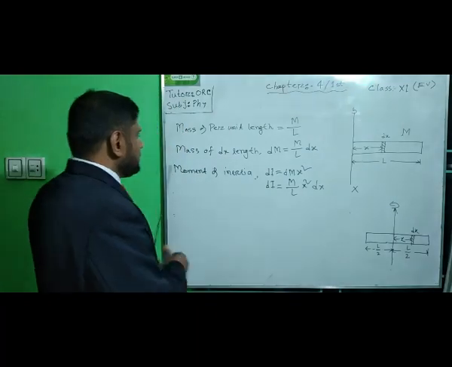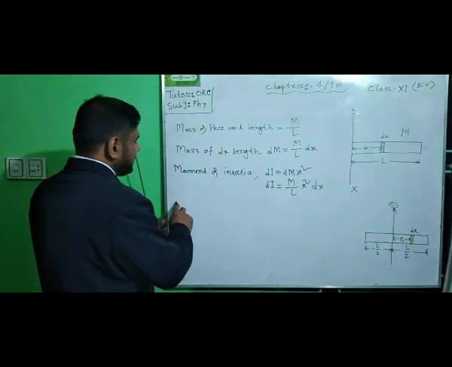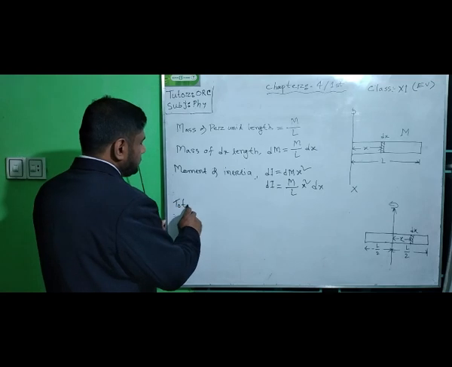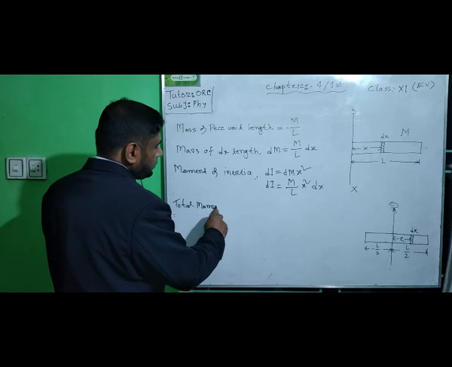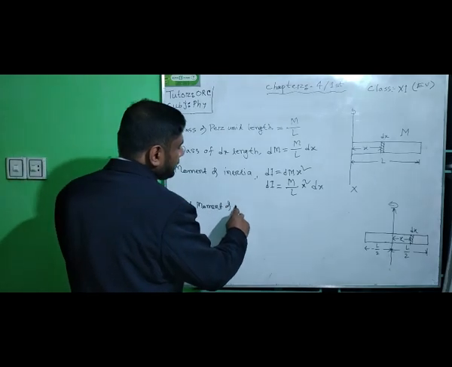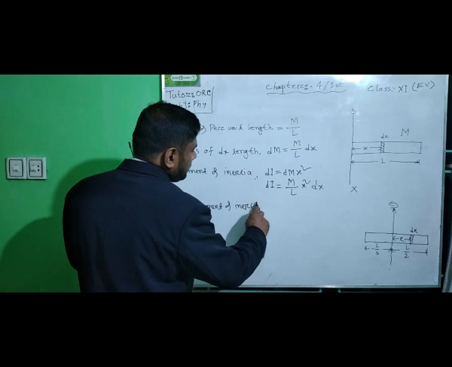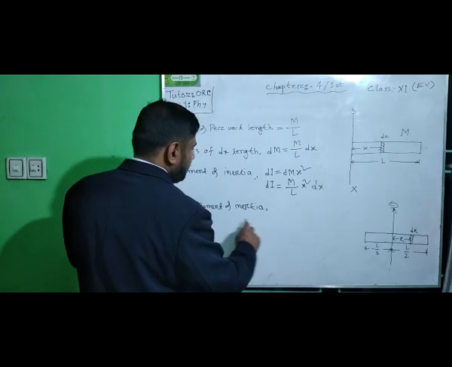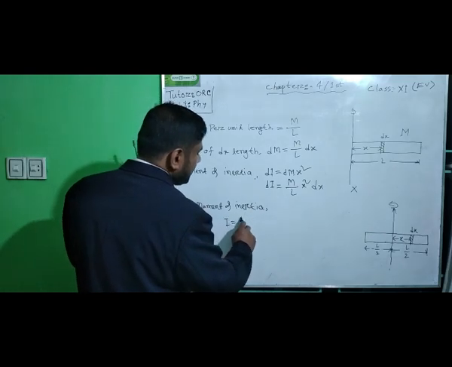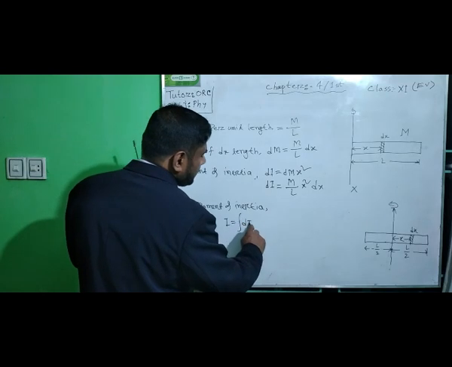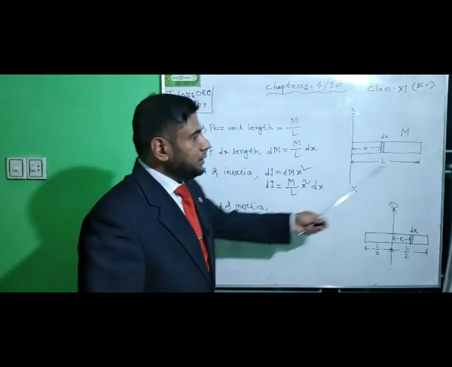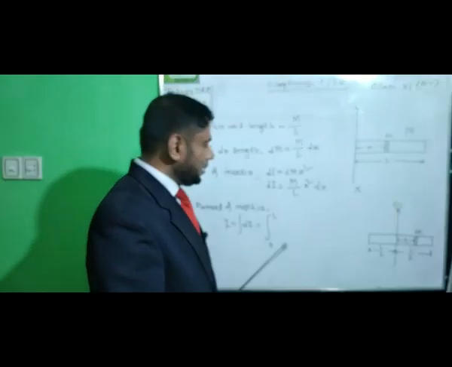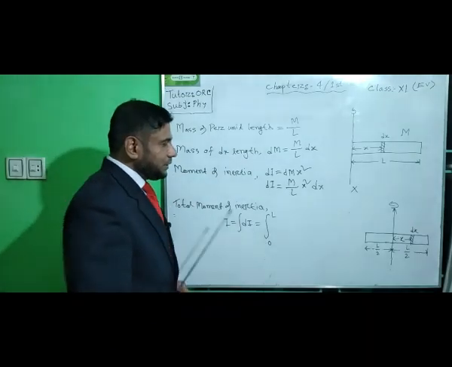So now the total moment of inertia I will be integration of dI, and here our range is from 0 to L. For full length, 0 to L, we will have to integrate within this limit.